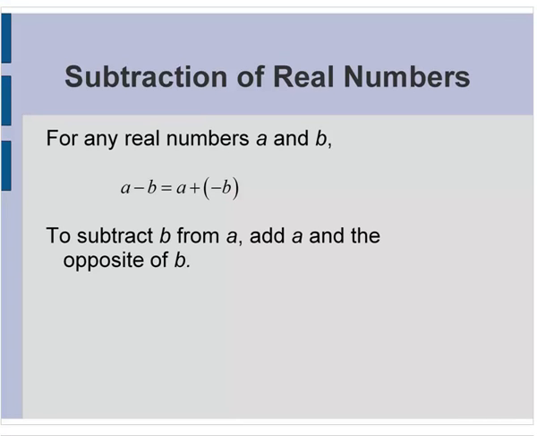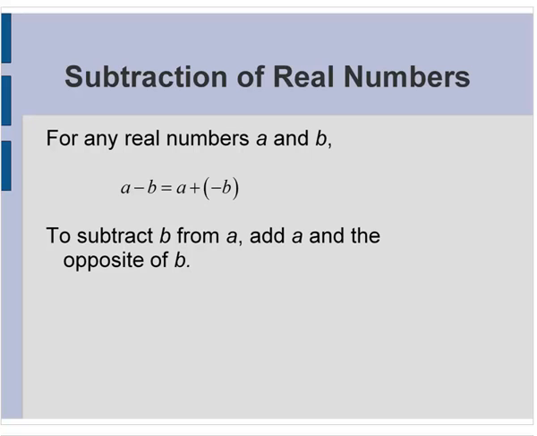Subtraction. For any real numbers a and b, a subtract b is equivalent to a plus the opposite of b. Any subtraction can be rewritten as addition of the opposite.